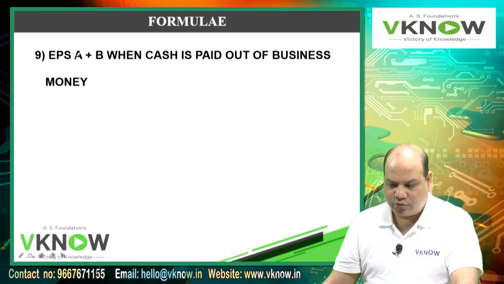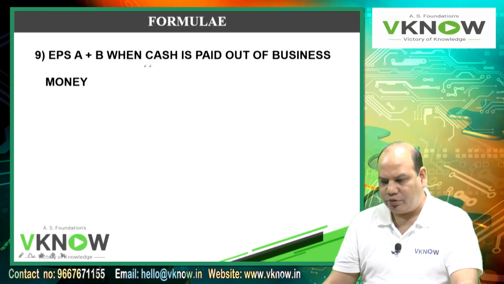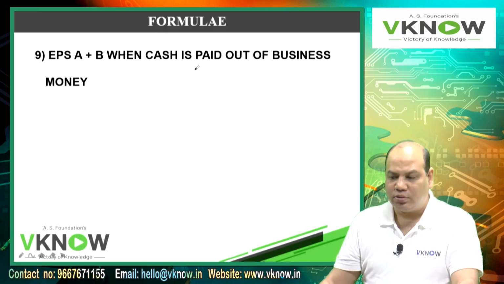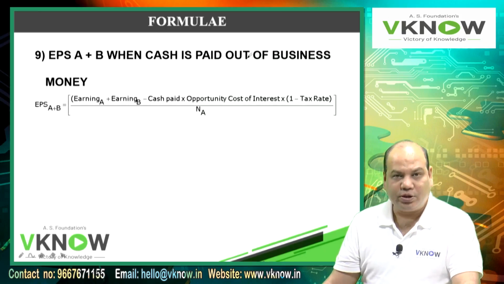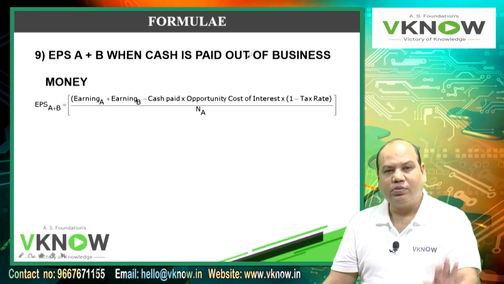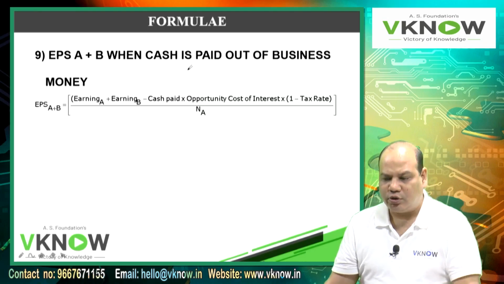Formula number 9 now, EPS of A and B when cash is paid out of business money. When cash is paid out of business money, then in that case there is an opportunity cost involved.